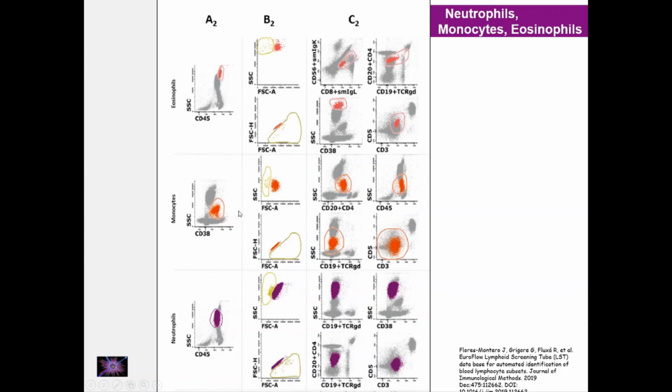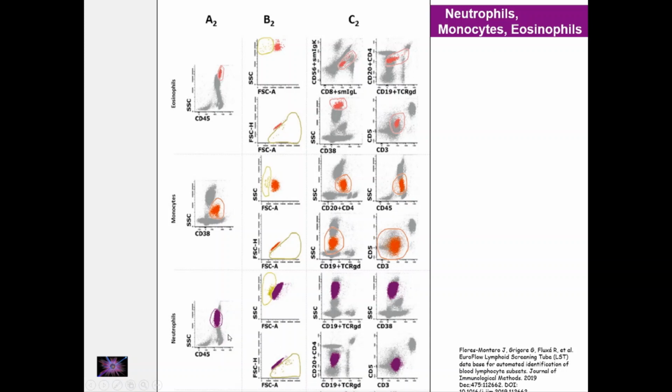The monocytes were CD38 positive, with dim expression of CD4. They were located between the lymphoid and the neutrophil populations. They were negative for CD19, gamma delta, CD5 and CD3.